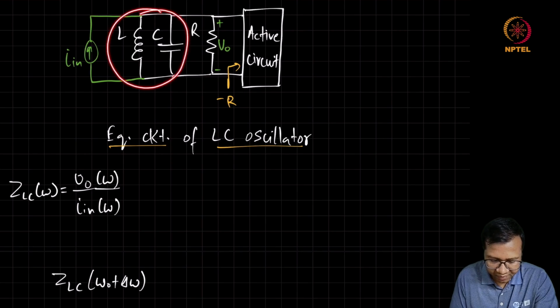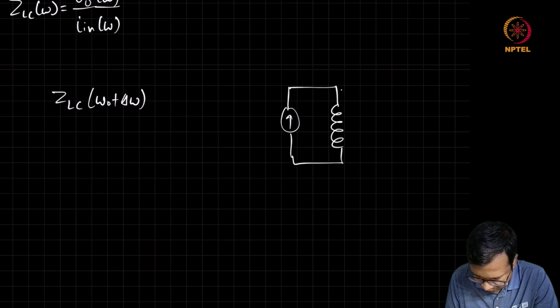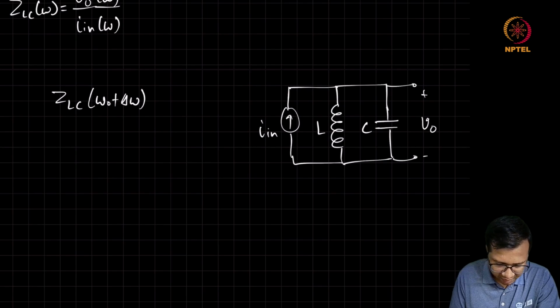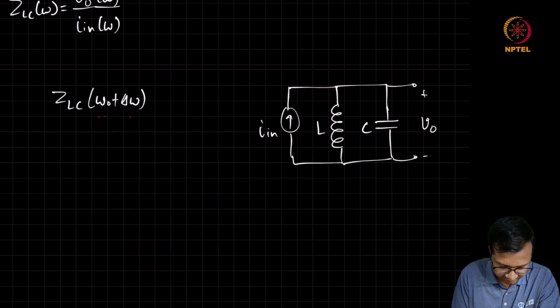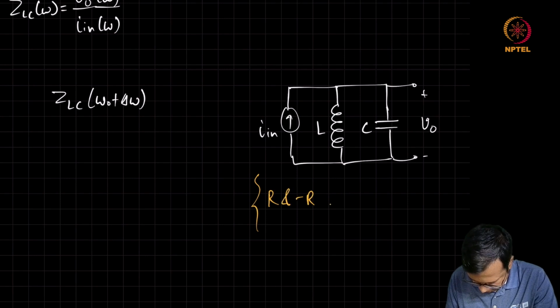So we will be having just this L and C in parallel. And we are interested in the Vo by in, or the impedance of this resonator at frequency omega naught plus delta omega. R and minus R cancel each other.